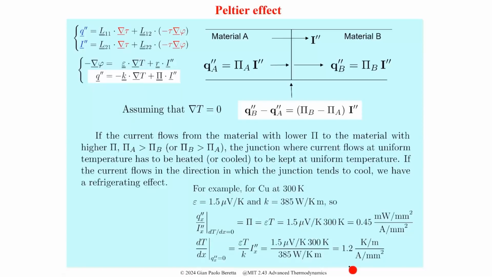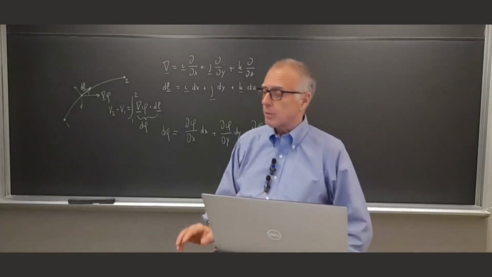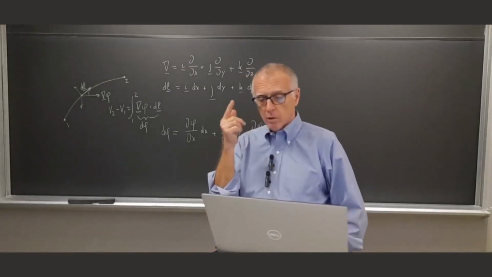Again, if I take my millimeter wire and I put 1 ampere into it, it builds up 1.2 K over a meter of wire. So these are small effects, but people are developing materials for this purpose.